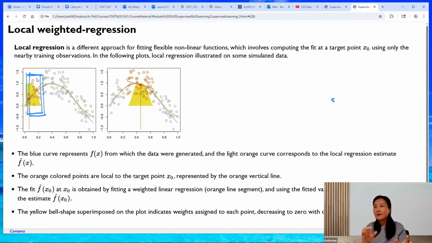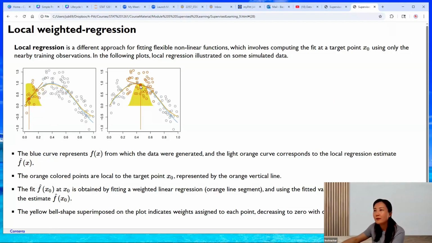That's why, as we said at the beginning, there is a big difference between local weighted regression and regression splines, because the regions overlap with each other a lot. We will fit a lot of models. Basically, we fit one model for each observation in the training set, then do prediction for each one and connect them together to get a smooth curve. So this is called local weighted regression.